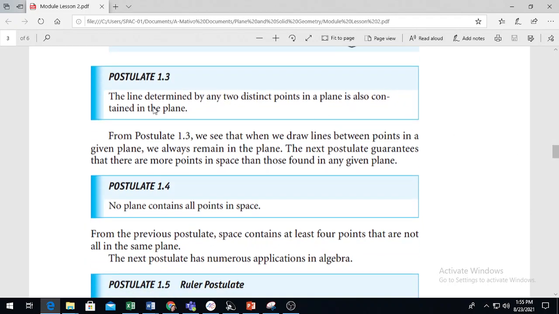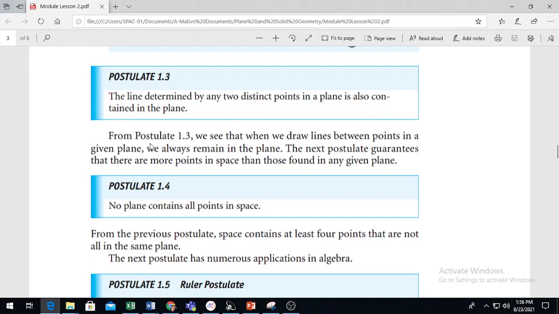Let's proceed with postulate 1.3. The line determined by any two distinct points in a plane is also contained in the plane. So if you determine a line from any two distinct points in a plane, that is also contained in the plane, because you get it from the plane.